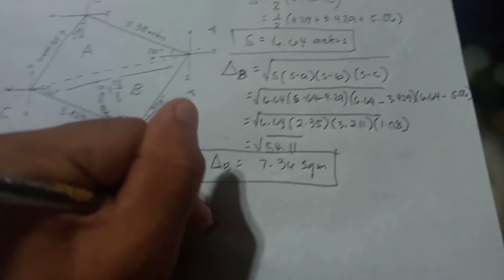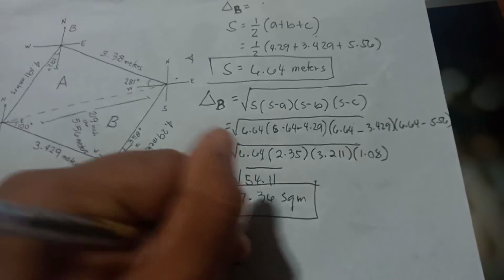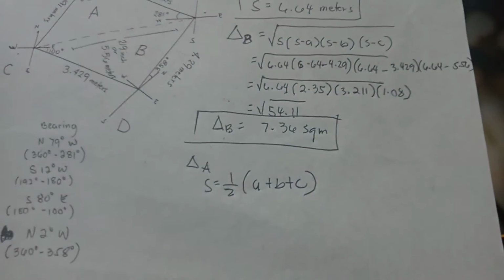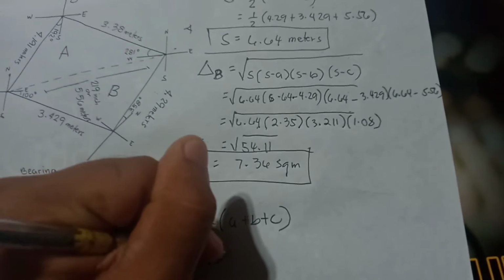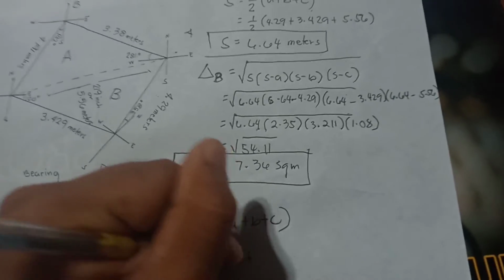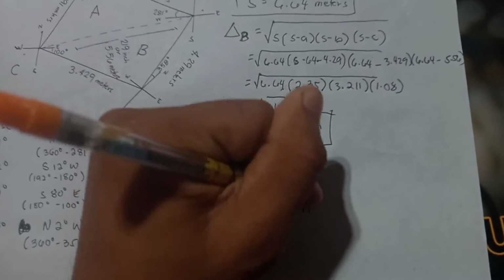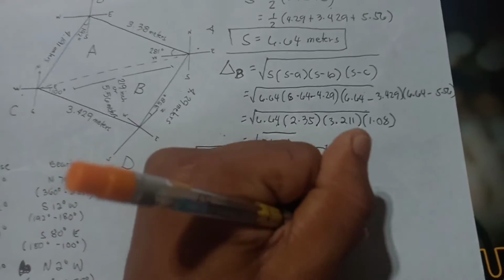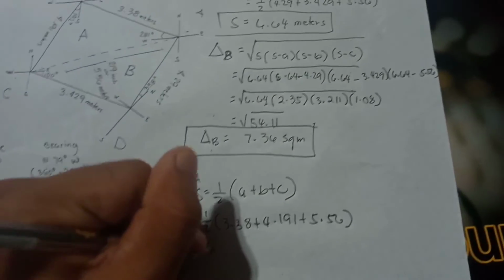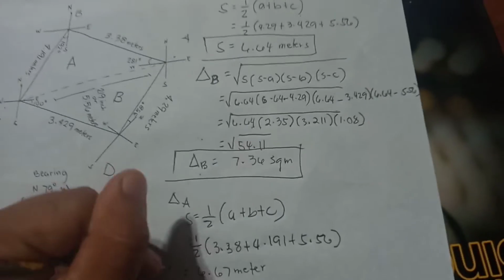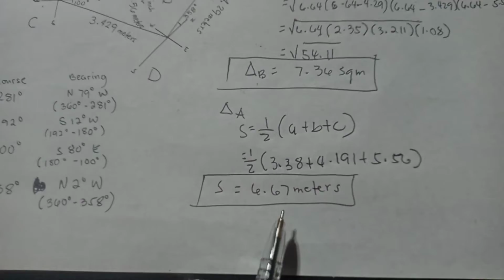The same process, S is equal to 1/2 of A plus B plus C. Then substitute the values. So the S now is 6.67 meters.